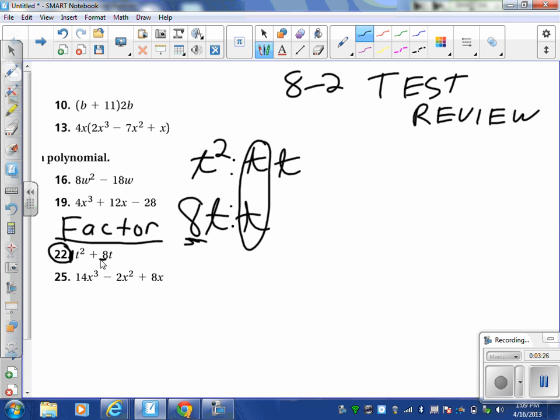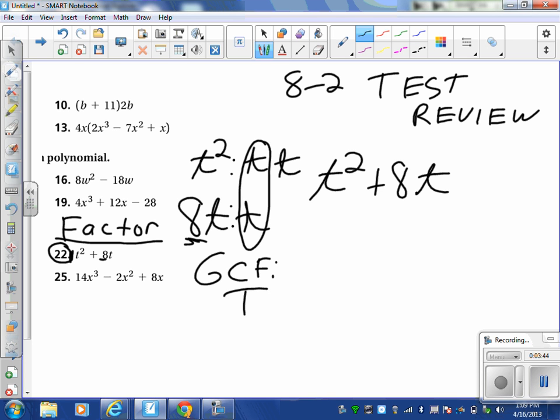So now I'm going to have to take my original problem, t squared plus 8t, and then I'm going to have to do what with this greatest common factor of t? I'm going to have to divide it. I'm going to divide each one of these by t.